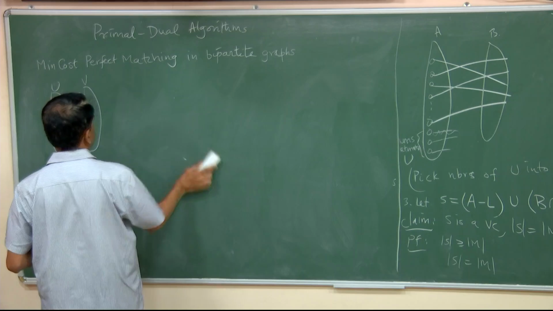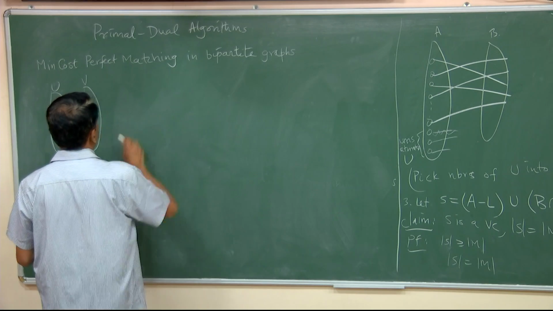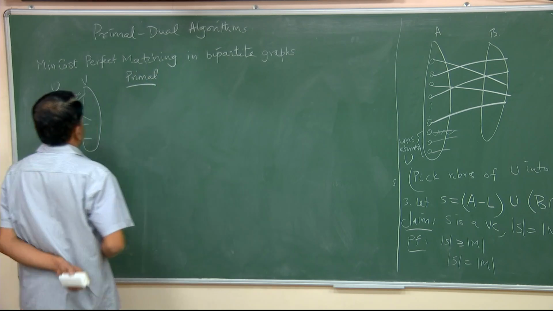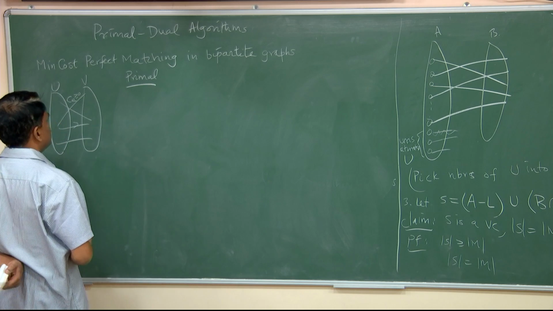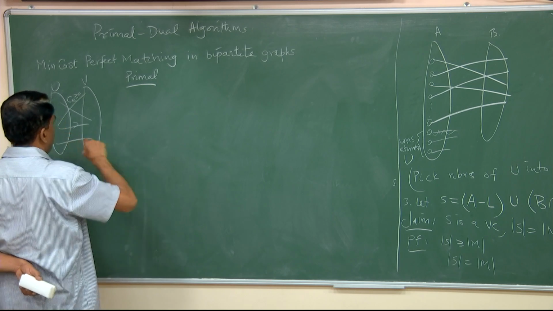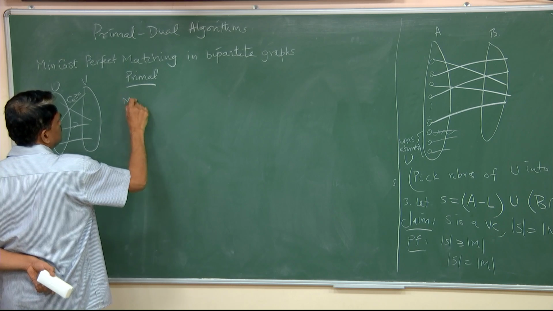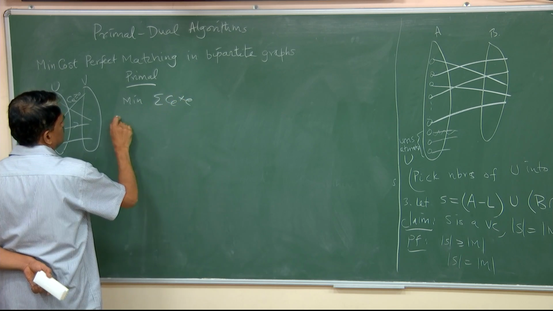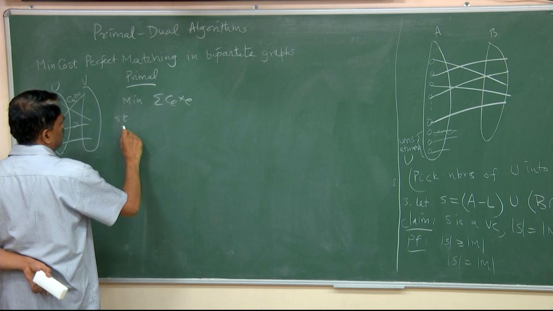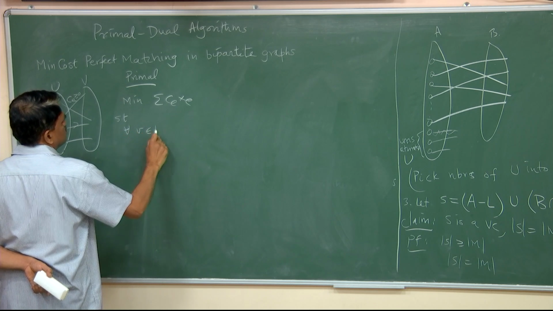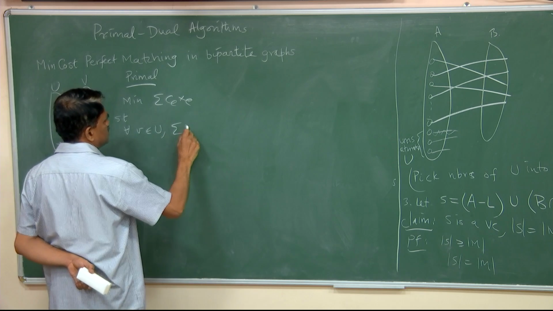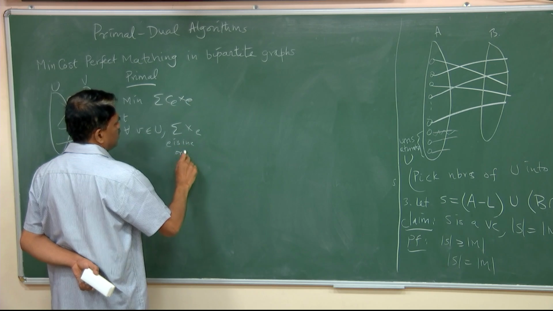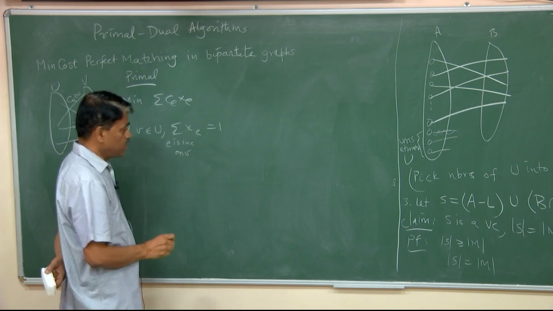Okay, so what is the primal? What is the LP for min cost perfect matching? Primal is simply: minimize summation c_e x_e such that for all vertices u in U, summation of x_e over edges e incident on u is exactly equal to 1.